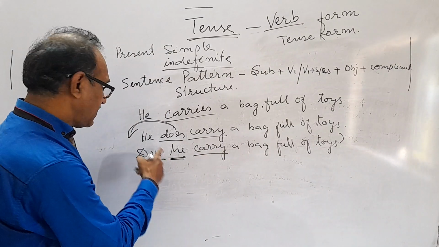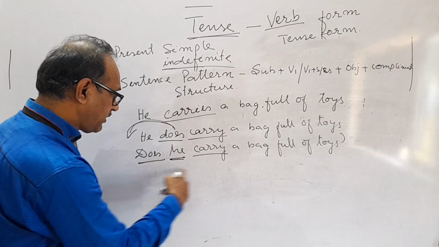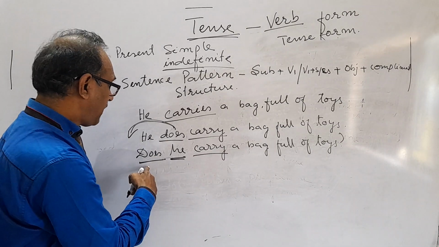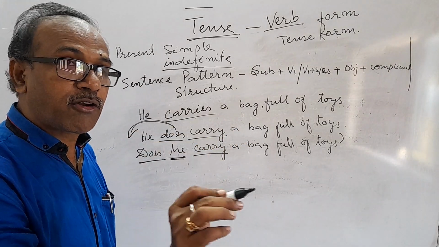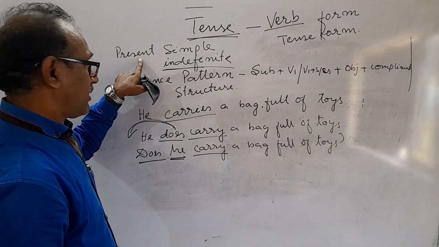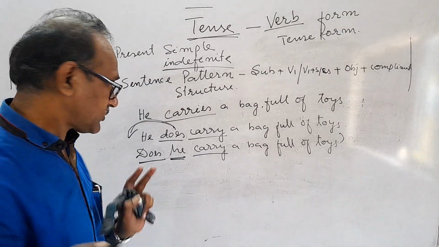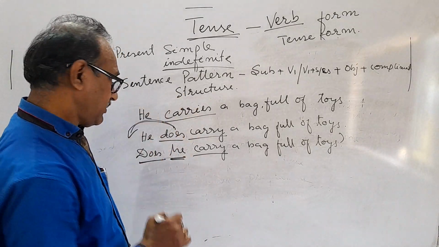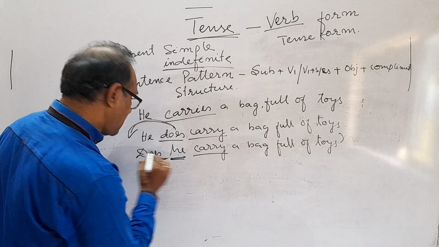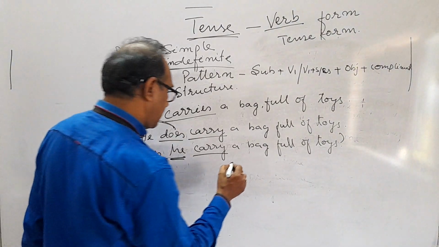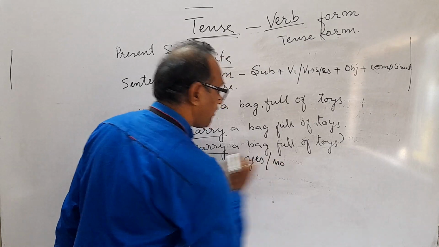This is the subject, "he," and we should bring that "he" between these two, the helping verb and the main verb, and this has to be the structure of an interrogative sentence of present simple. Is it clear? Okay. Now, one thing: here this is only a simple question to get an answer of yes or no.